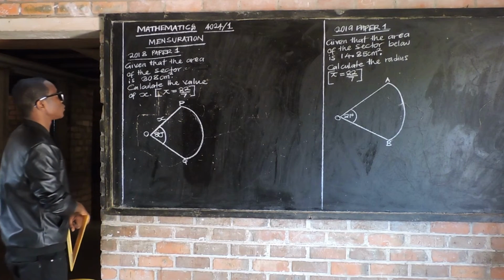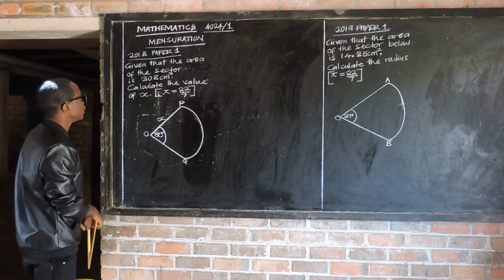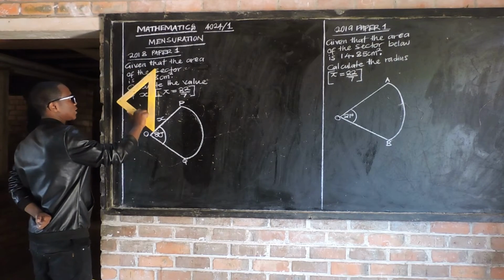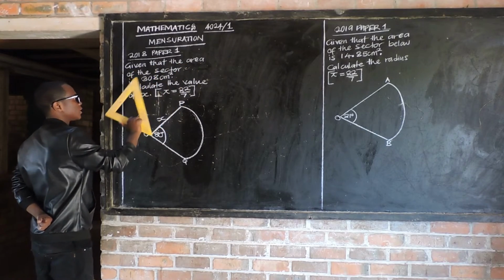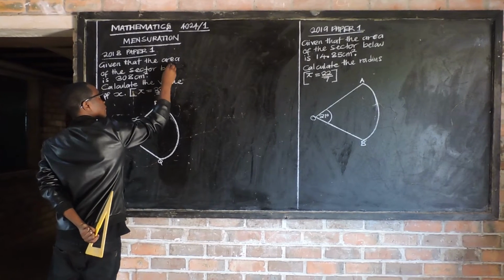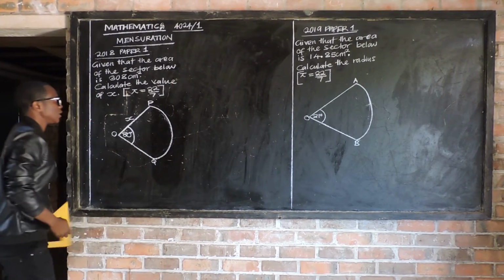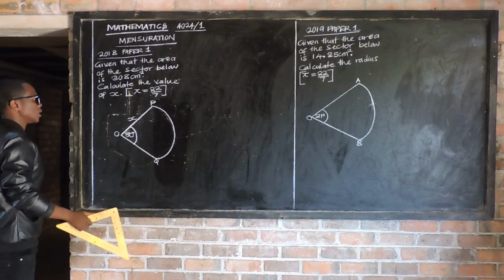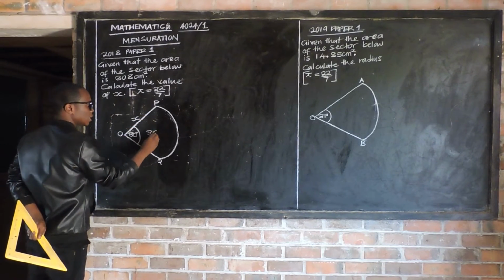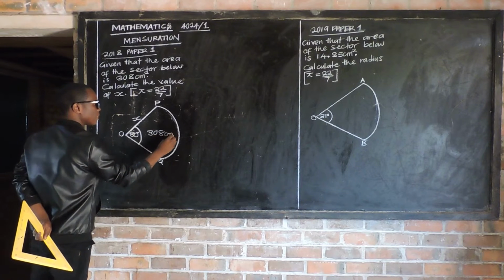Okay, now let's look at 2018 paper 1, a question on mensuration. It says, given that the area of the sector below is 308 centimeters squared. The area of this sector has been given to be 308 centimeters squared.